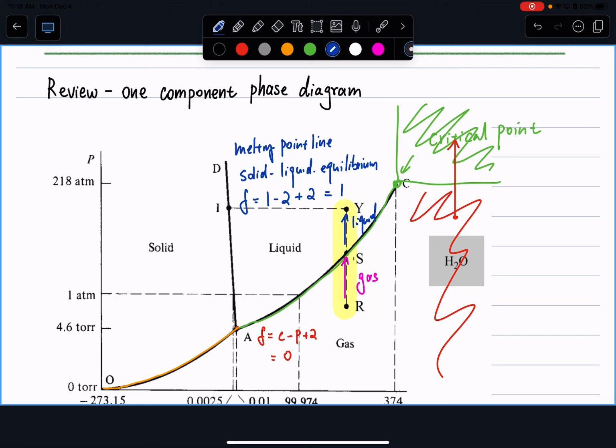So if you remember our Gibbs equation, we have volume equals the partial derivative of G over P at constant T. And it is the slope of our Gibbs free energy. Well, in this case, it's a normal derivative because we're keeping T constant. So it is a normal derivative of your Gibbs free energy over the change of your pressure, just to make another link to the volume here.